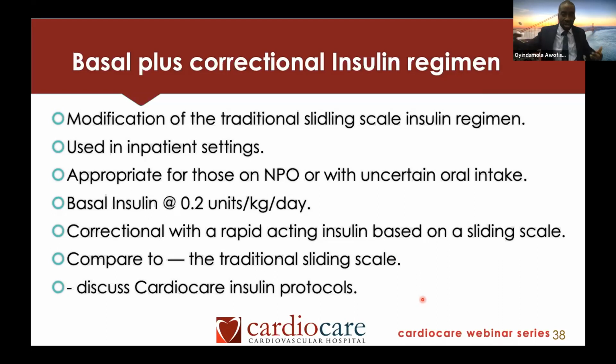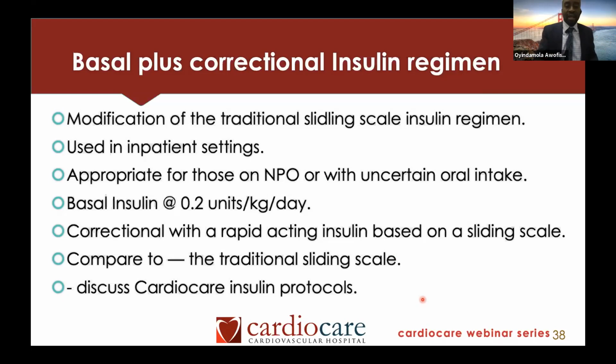If I'm talking about it in this era, instead of soluble insulin, a rapid acting insulin can be used, but that's sliding scale, okay, which has its own issues, the basic issue being that it's reactive. The sugar will be going up and down throughout the course of the patient's inpatient stay.